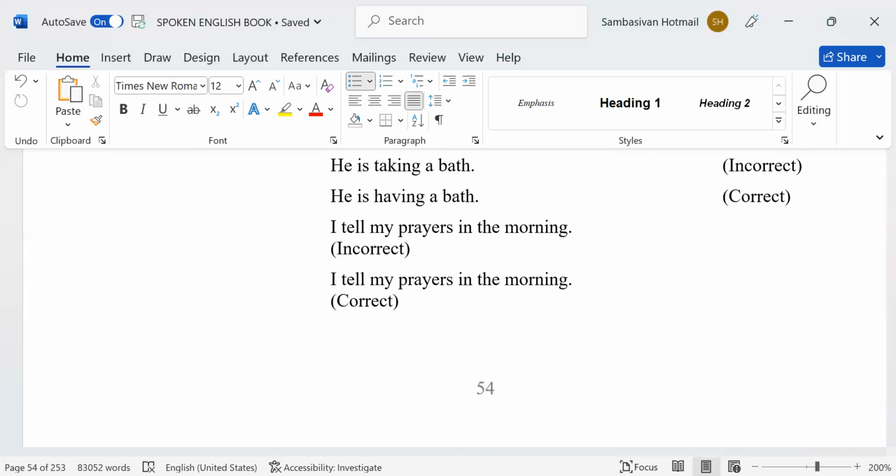Let me just check whether there is any mistake in this, on google.com. When I type "I tell my prayers in the morning," it is automatically coming.